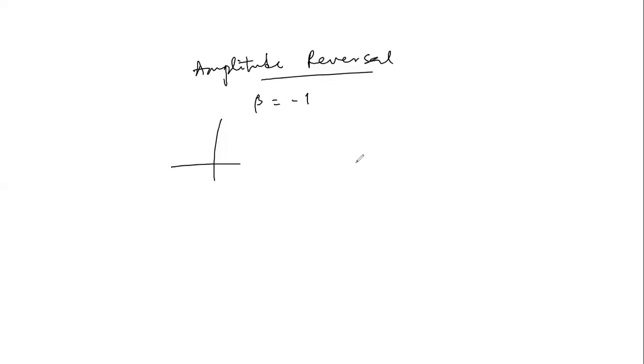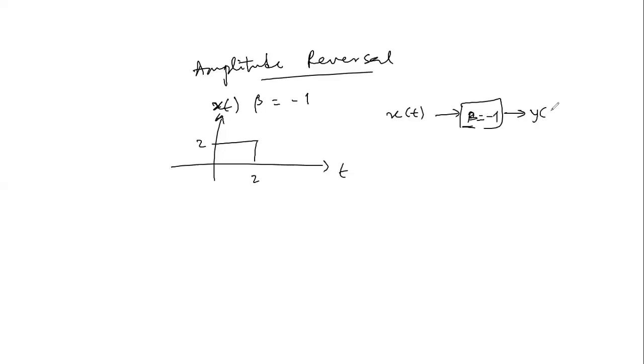So if we have the amplitude this way, s of t, now where s of t goes into a system where beta is the same as -1, then y of t is going to give us negative s of t, right?